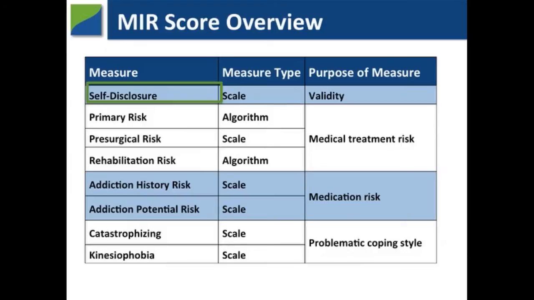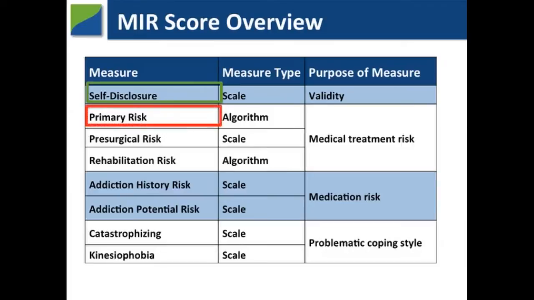Self-disclosure assesses both the tendency to minimize, if the score on this measure is low, or magnify, if the score is high. And what self-disclosure is assessing is a tendency to minimize or magnify psychological difficulties.